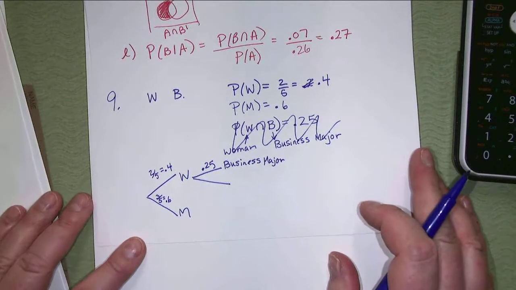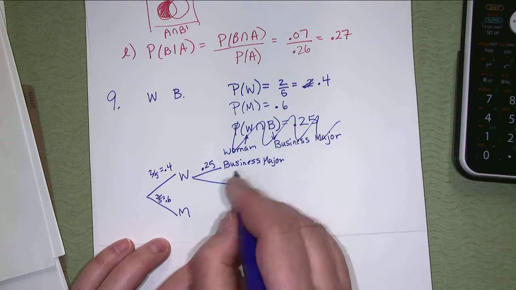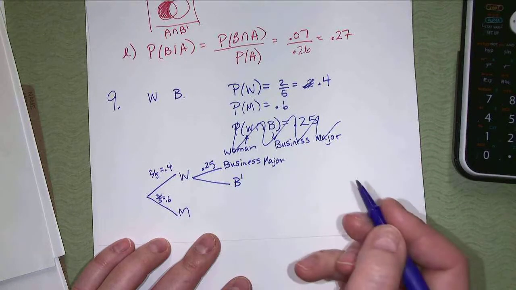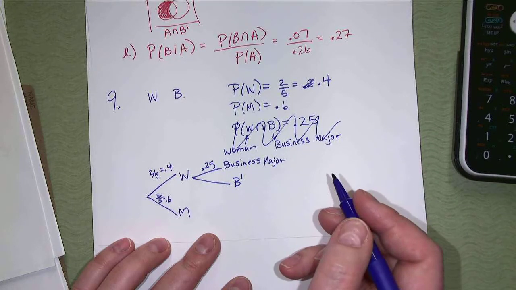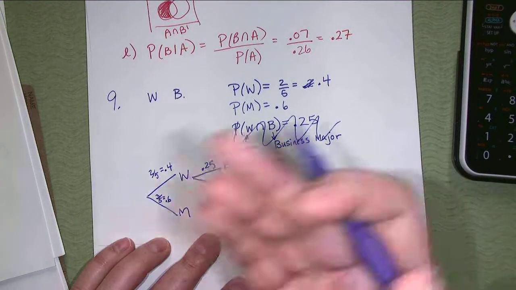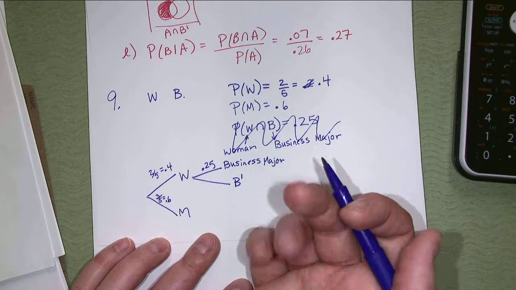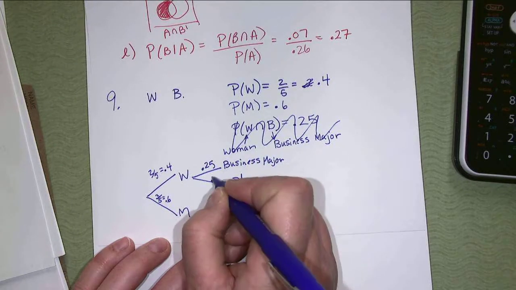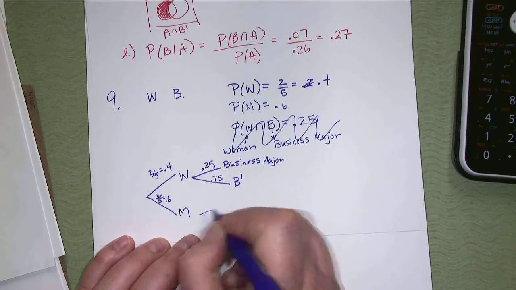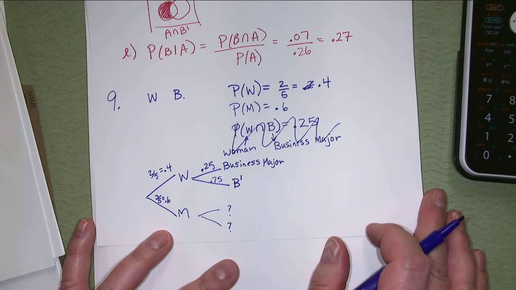Every tree is not Bayes' theorem. And these would be non-business majors. What percent are not business majors? Not that it's asking that, but you could actually answer that. If 25% of these women were business majors, 75% are not. Men, we don't know. It doesn't give us that information, right? So it didn't tell anything about that.